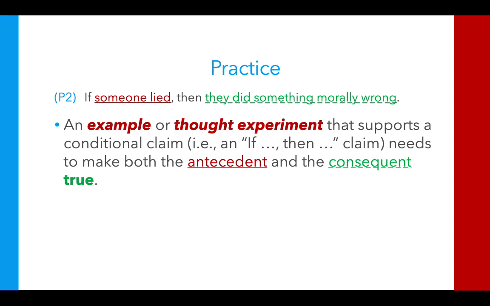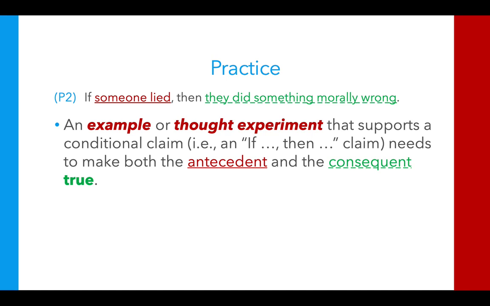But some conditional claims, right, if they're true, then you shouldn't be able to come up with a counterexample to them. So I'm going to try and avoid those. The ones that I give you should be ones where you can often come up with an example or a thought experiment in support of it and a counterexample against it.